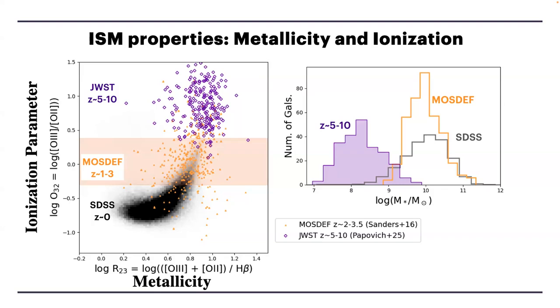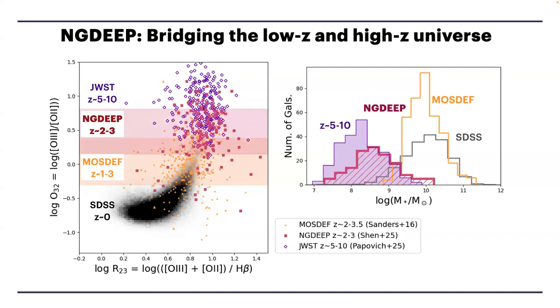And in the stellar mass histogram, they have much lower stellar mass. There seems to be a gap between the intermediate redshift galaxies and the high redshift galaxies. So here comes the NGDeep survey.